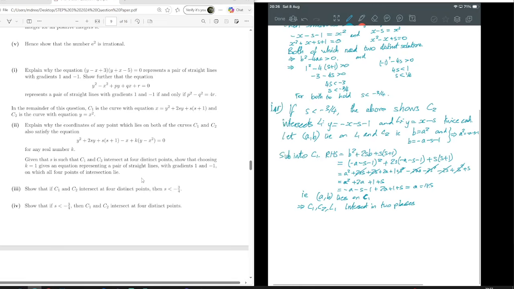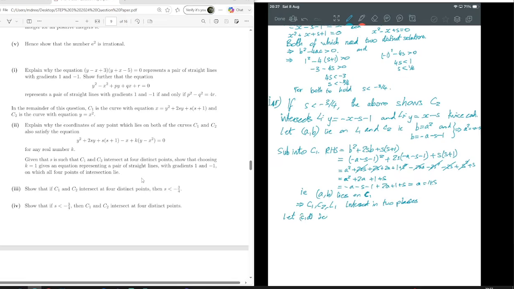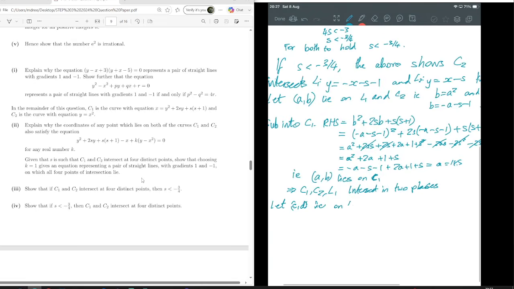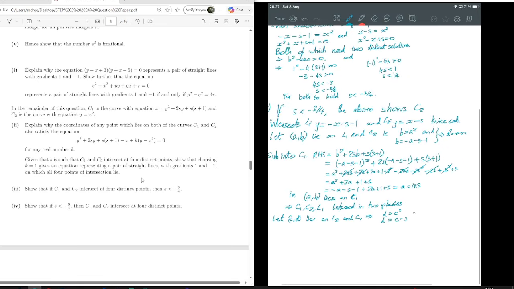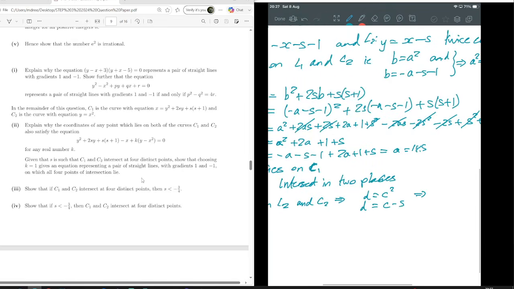And now if we do the same, so let CD lie on L2 and C2, which means that the y coordinate equals the x coordinate squared, and the y coordinate equals the x coordinate minus s, which, now I know what's going to happen, likely means I'm going to use the fact that c squared equals c minus s.